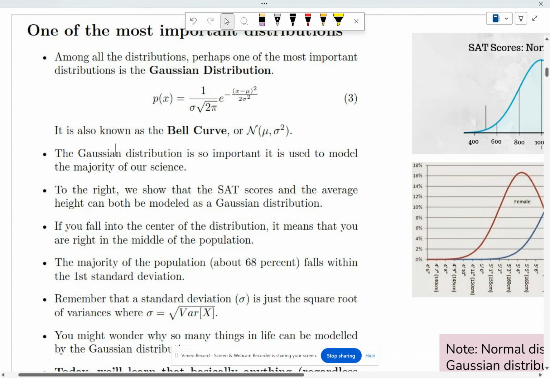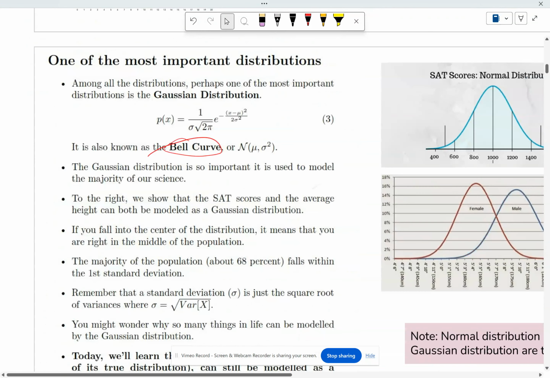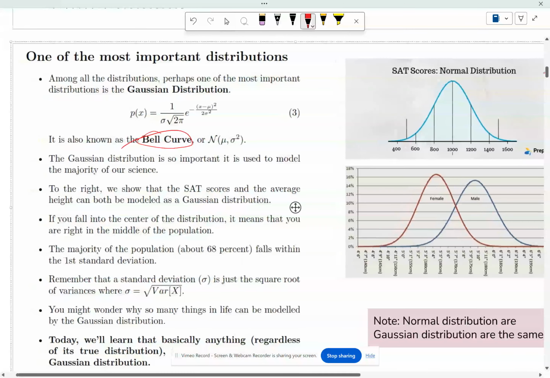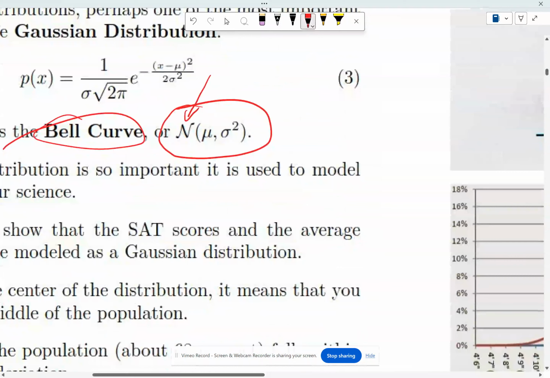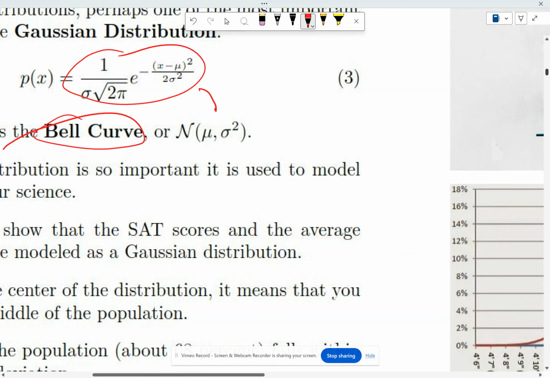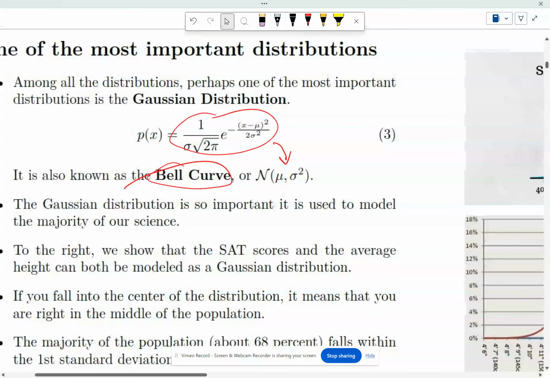This distribution is also known as the bell curve, and very often we represent it with this symbol, a cursive N. As long as you know the mean and the variance, you know this entire equation. So it is often represented this way.